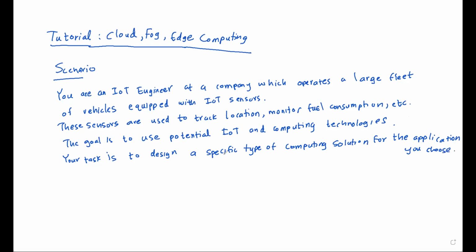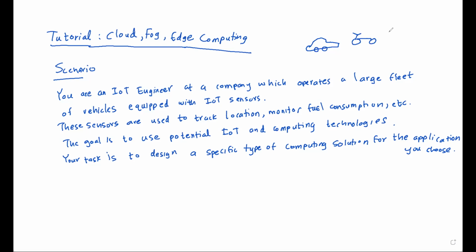So there are different applications that we can choose. We are considering an IoT network of vehicles. So different vehicles are monitored. Let's assume this is like Uber or PickMe or something. We need to monitor the condition of these vehicles. There could be cars and different kinds of vehicles, motorcycles, lorries, vans.